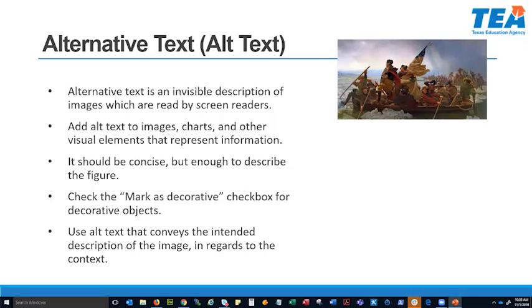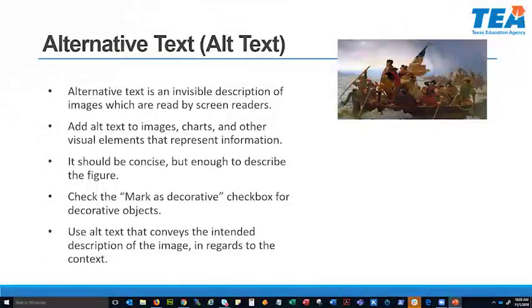So if it's something important to the content, you want to give it an alt text. It has to be concise and descriptive enough, right? If it's just something that's not conveying information, maybe like just a border, those can be marked decorative. They don't have to really say anything.